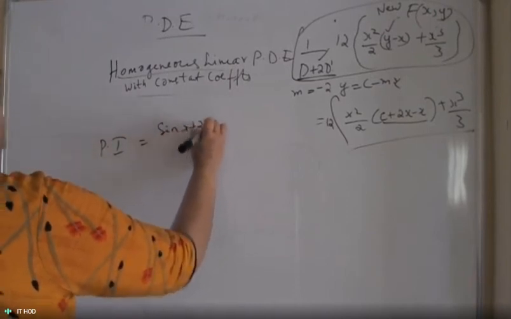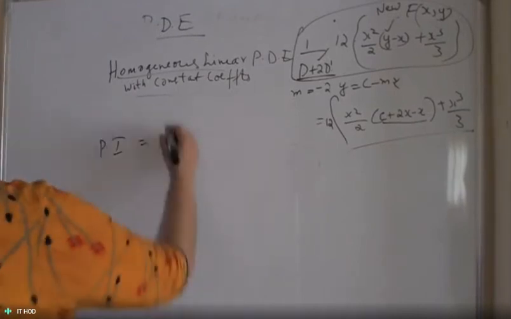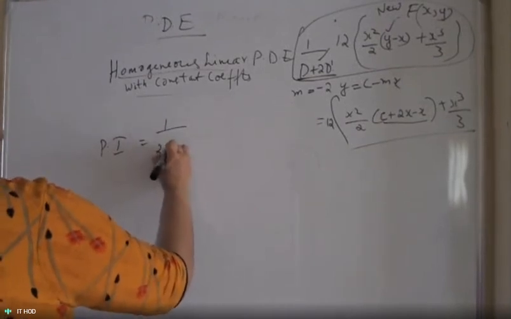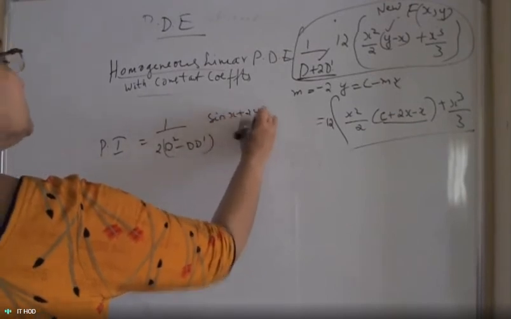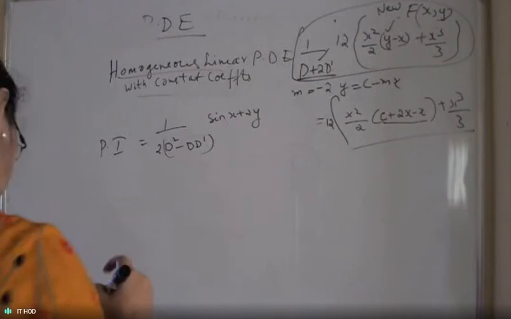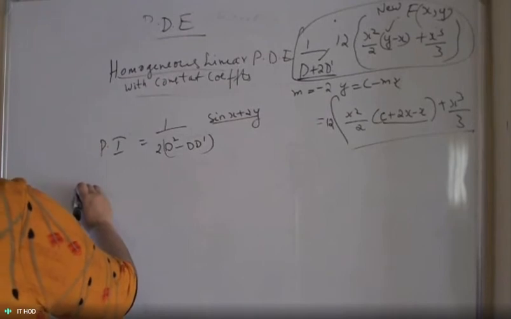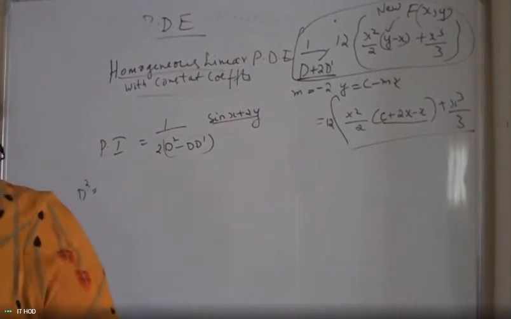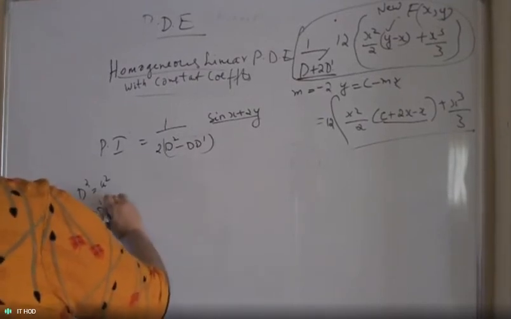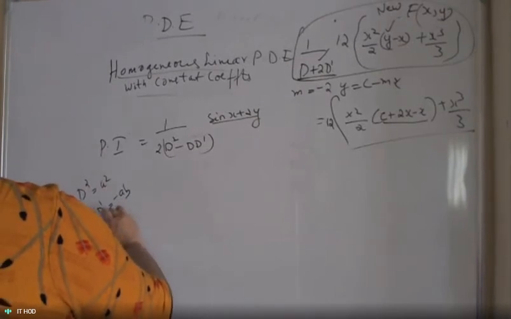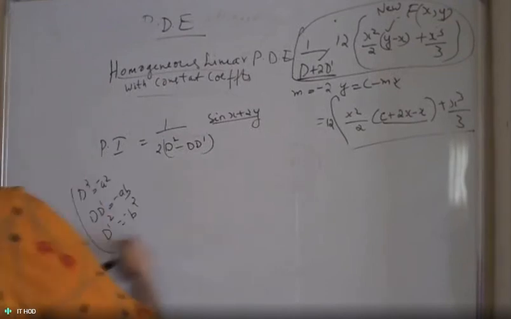What is our formula here? D square will change to minus a square, D dash square will change to minus b square, and D D dash will change to minus ab. Remember all these, otherwise you cannot do it.